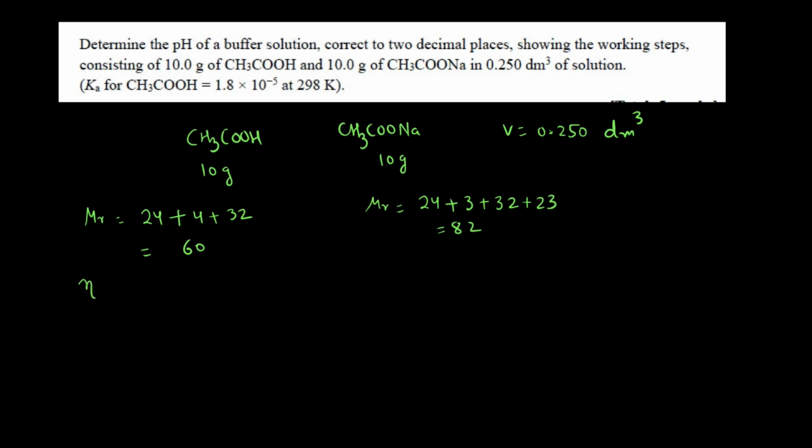So how many moles of acetic acid? Mass over molar mass. How many moles of sodium acetate? Mass over molar mass. Now what is the concentration of acetic acid? Moles over volume. And the concentration of sodium acetate? Moles over volume.